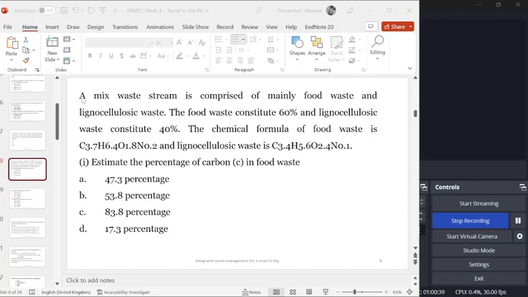This is the question which we are doing right now. You can try this question and then we will do it together.